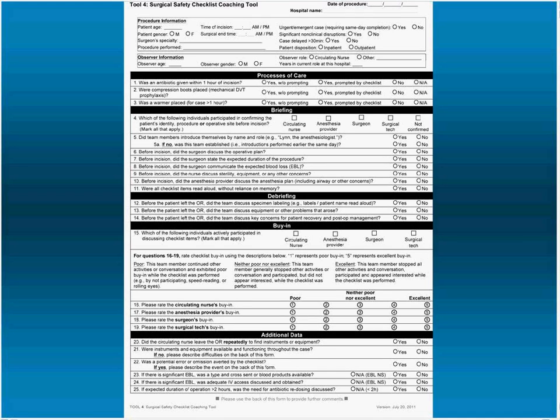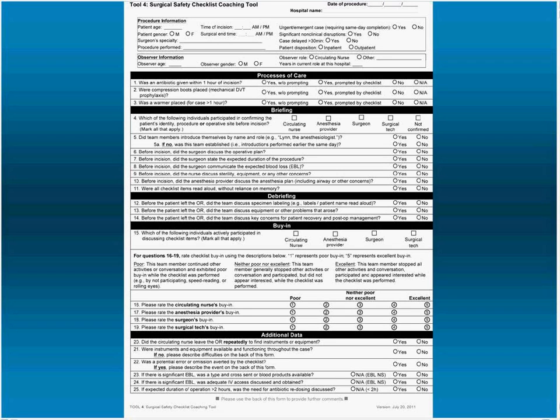And then you can see it has a briefing and debriefing section, just like the checklist. And then a place for you to look for what the buy-in looks like of the different people that are actually doing it. And then finally, down at the bottom, there's some additional data that we think can be helpful to people in understanding where they are.